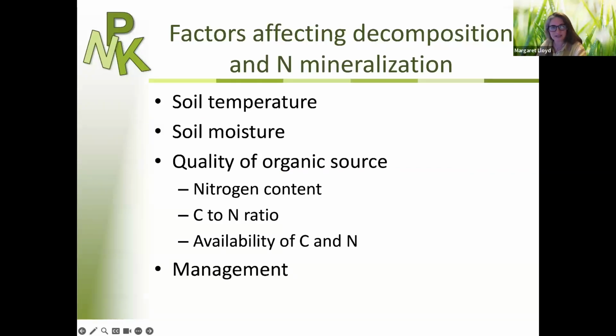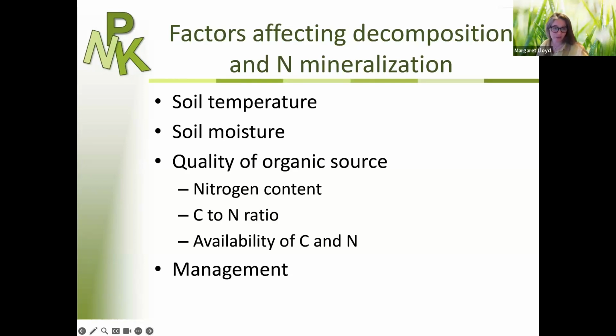So in Daniel Geisler's talk, he highlighted the importance of soil temperature, soil moisture, and the quality of the organic source. And what's meant by that is the nitrogen content. So is the material you're putting in, whether it's plant tissue or a fertilizer, 1%, 2%, 5%, 12% nitrogen? And what is the carbon to nitrogen ratio of that product?